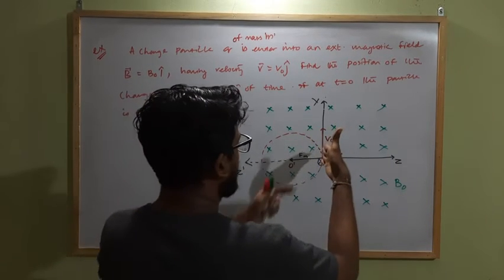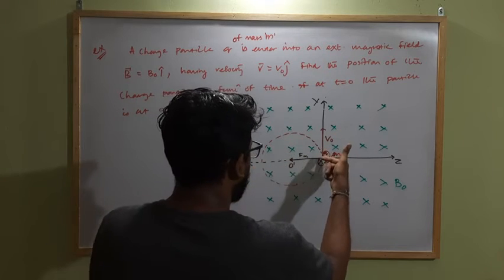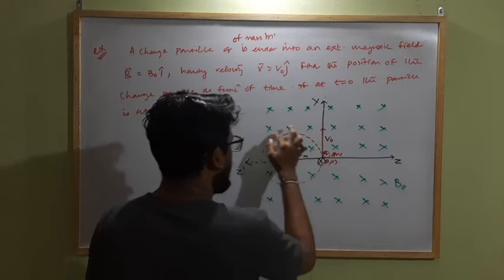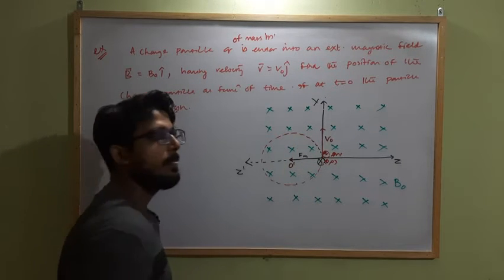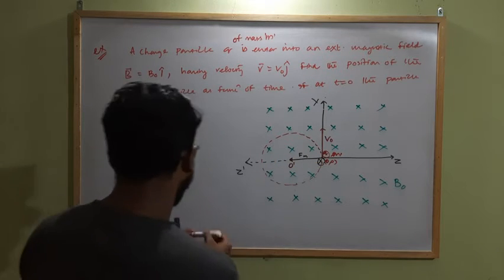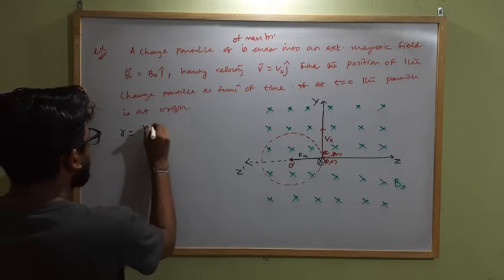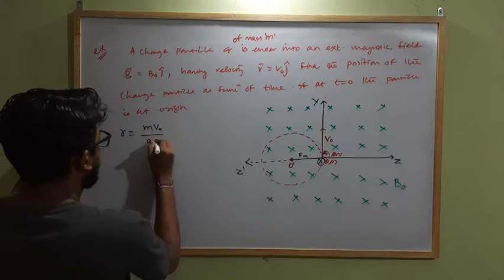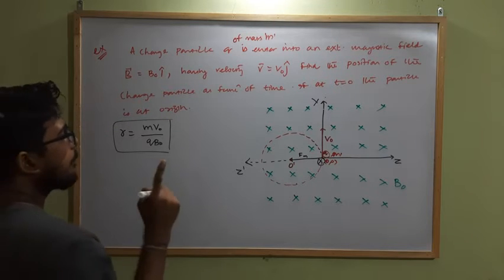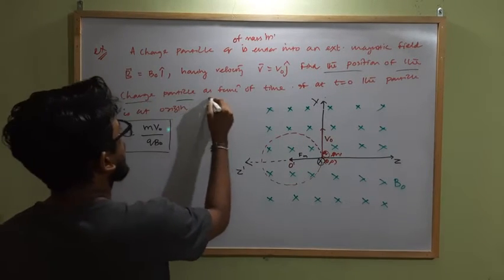This is the direction of velocity, this is the direction of magnetic field, so this will be the direction of magnetic force, perpendicular to the instantaneous velocity v naught, for which the particle starts moving in a circular path, executing uniform circular motion. What will be the radius of the circular path? Radius r equals m v naught by q B naught. This will be the radius of the circular path. So we have to find the position of the charged particle as a function of time.